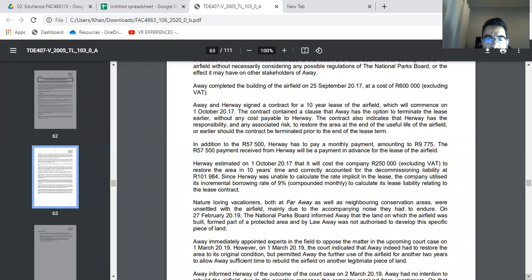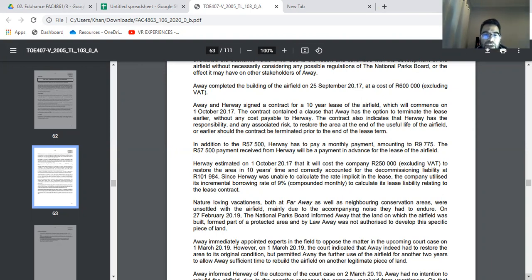Herway estimated on 1 October 2017 that it will cost the company 250,000 Rand, excluding VAT, to restore the area in 10 years' time and correctly accounted for the decommissioning liability at 101,984. Since Herway was unable to calculate the rate implicit in the lease, the company utilized its incremental borrowing rate of 9%, compounded monthly, to calculate its lease liability relating to the lease contract.